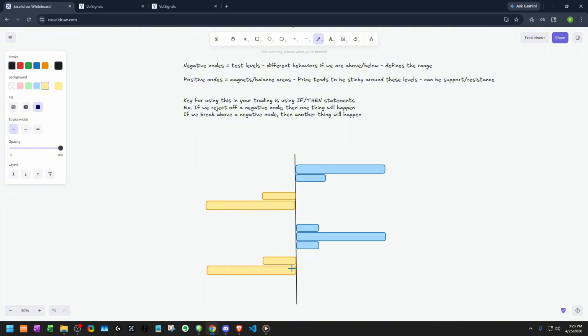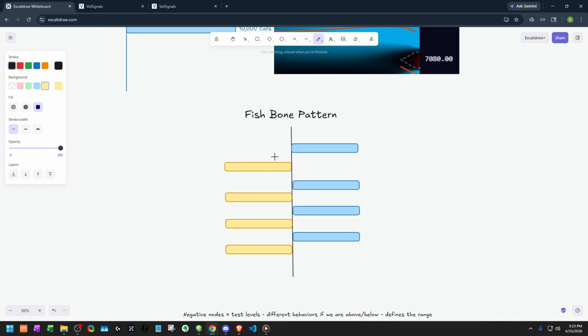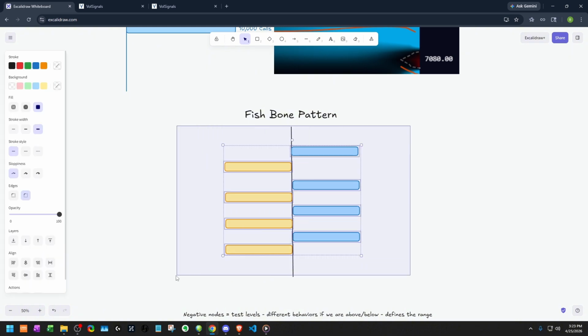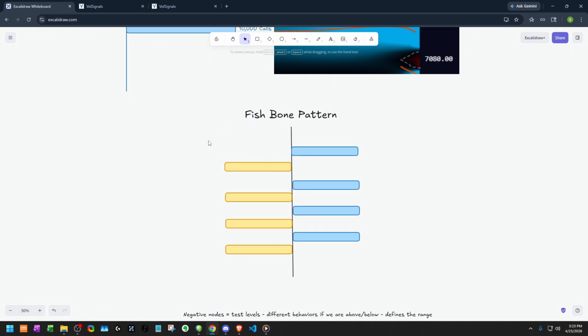So before I get into this example down here, I just want to make something clear: this won't always give you a clear thesis or structure or trade idea. A lot of times what you'll see in the profile is something like this, where it's just alternating negative, positive, etc. And if the profile ever looks like this, I would just not even take it into account.